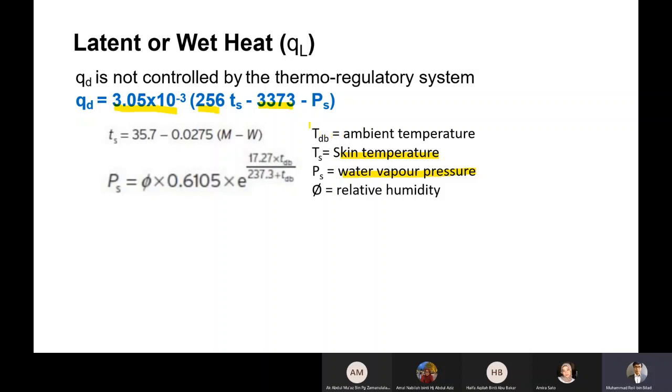So if you know somebody's weight and metabolism, the activities, you know what they are doing. So basic work is based on the activity. And then we can also estimate work, and we can estimate what will be the skin temperature. Okay, so what will be the pressure of the air on the surface of the skin?